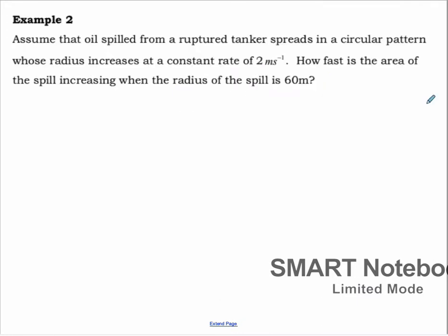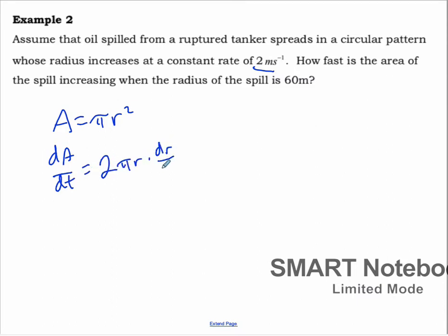Next example: an oil spill in a circular pattern whose radius increases at this rate. How fast is the area increasing? We just use the formula for the area of a circle, pi r squared. So dA/dt is 2 pi r times dr/dt. In these related rates problems, you just have to remember to use the chain rule.